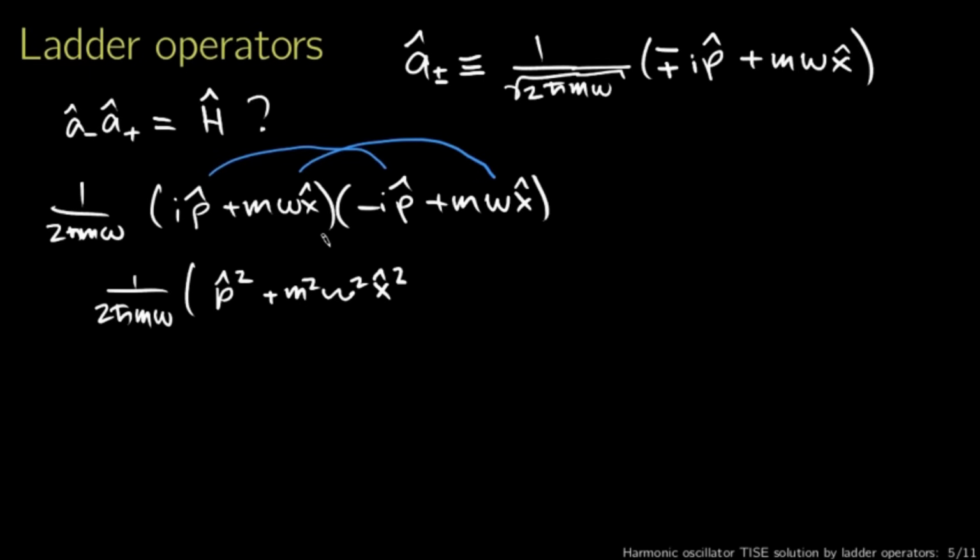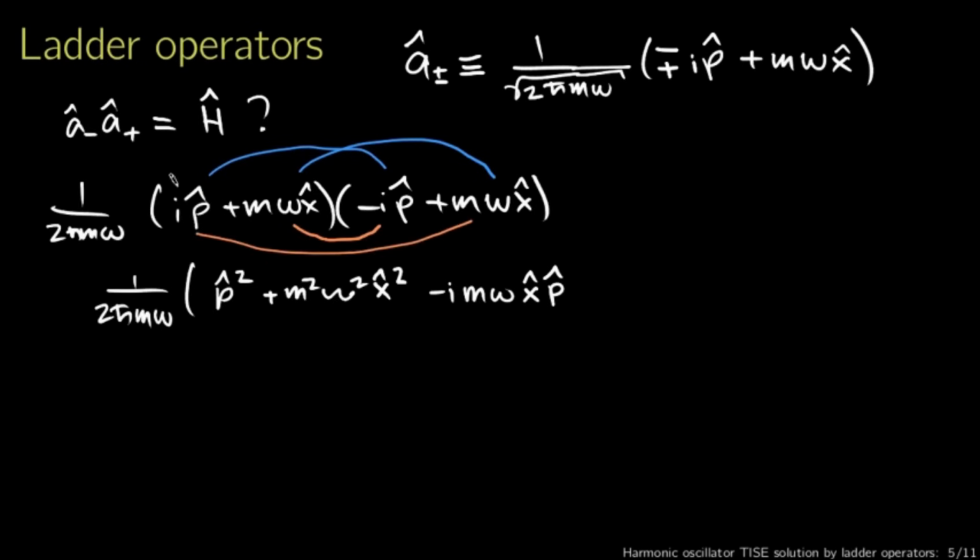The cross terms get a little more interesting, though. We have a term like this, which gives us, let's see, a minus i from this, minus i m omega, and we have x hat, p hat. We're going to end up with something very similar from this term.